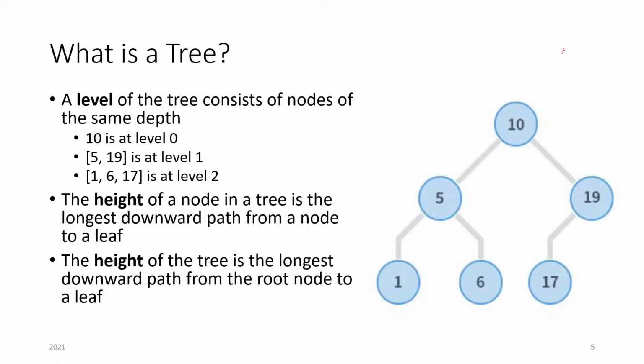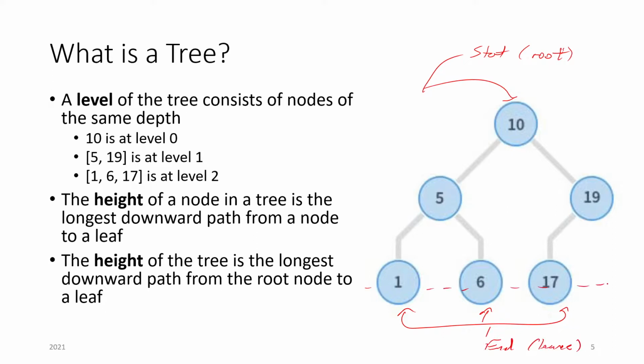The start here is like your root, and then your end here are your leaves. And then that was level 2, level 1. Let's say it was level 0.